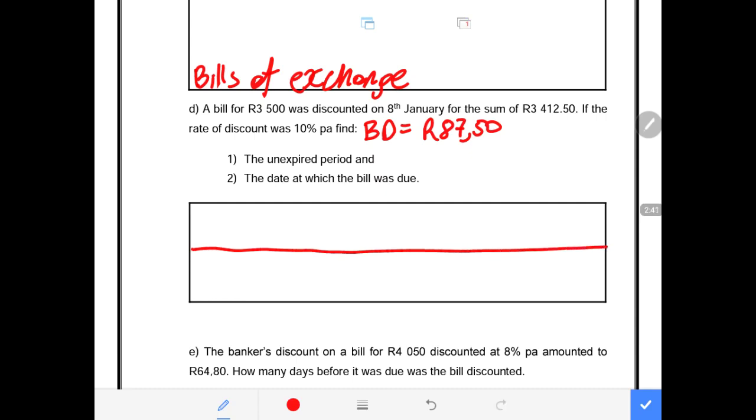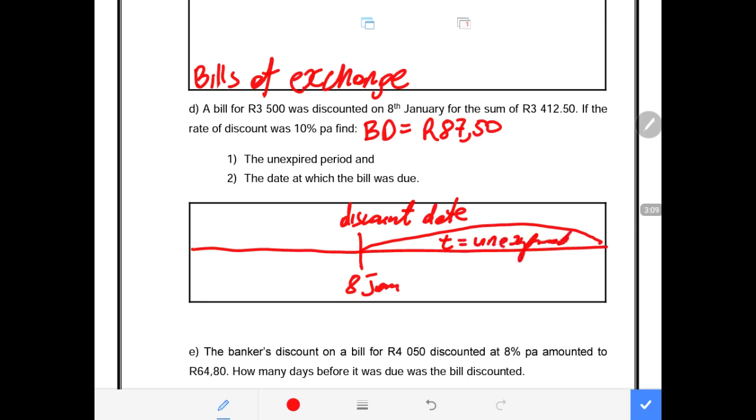The unexpired period is the period between the discount date of the bill and the due date. We know that on the 8th of January this bill was discounted, and from the discount date up to the due date, which we don't know, is what is called the unexpired period, T.